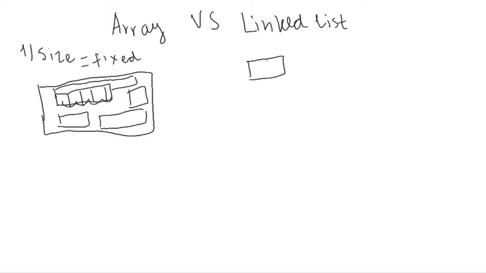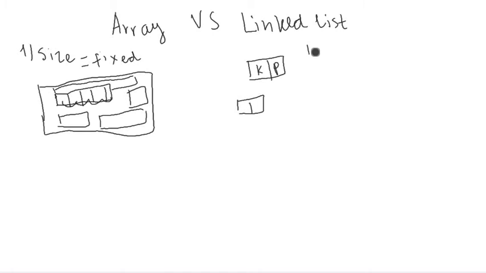consists of 2 elements. So I'm talking about the single linked list. So it has a key here and it has a pointer here. That actually means that this second element actually stores the address of the next element. So in words, it will look something like this.